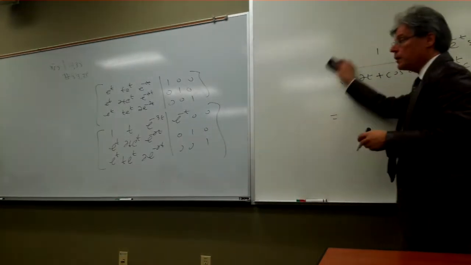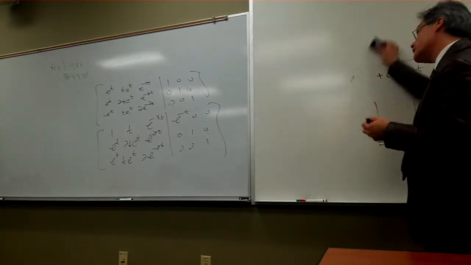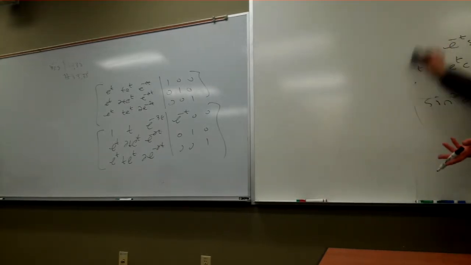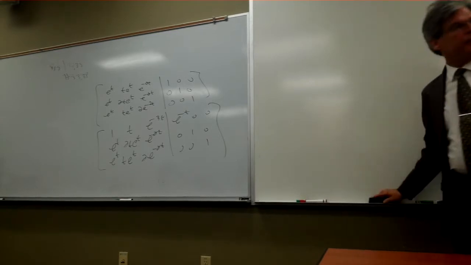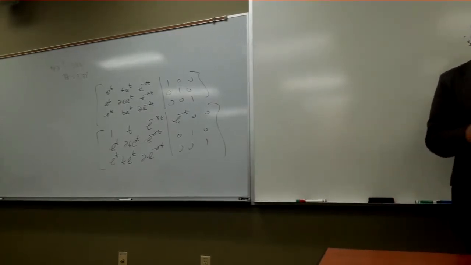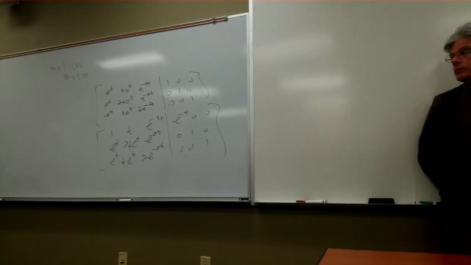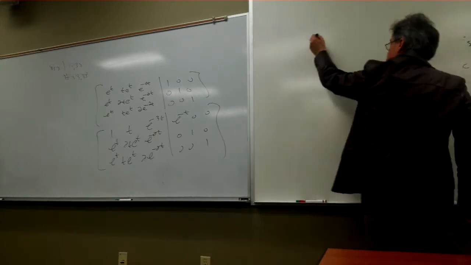I will next work on finishing my business with the very first column by forcing everything else in that first column not along the main diagonal to be a 0. I'll just multiply the first row by negative e to the t and add it to the second as well as the third. For now, that first row is not going to change.